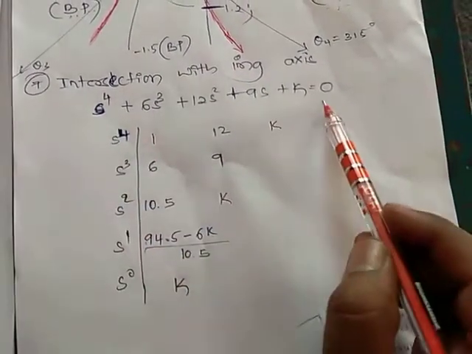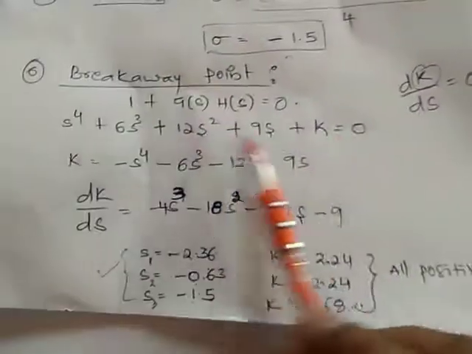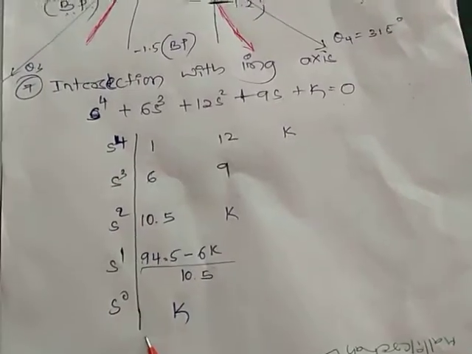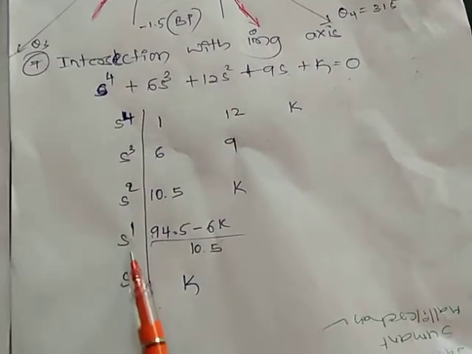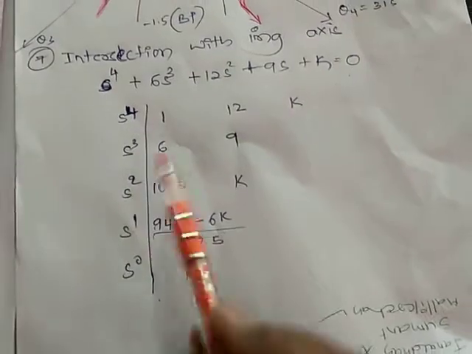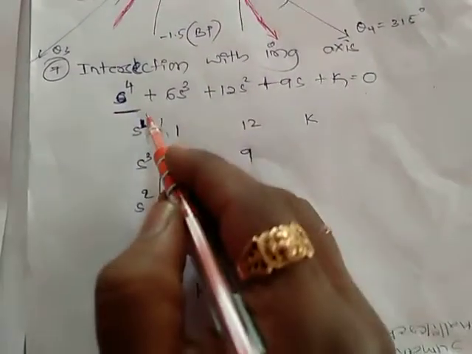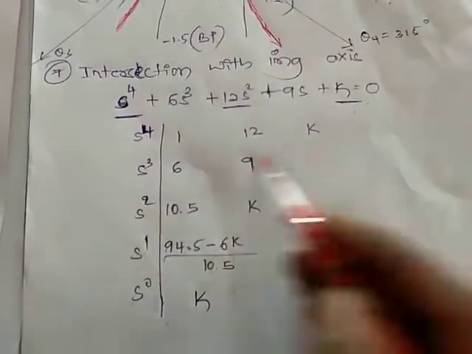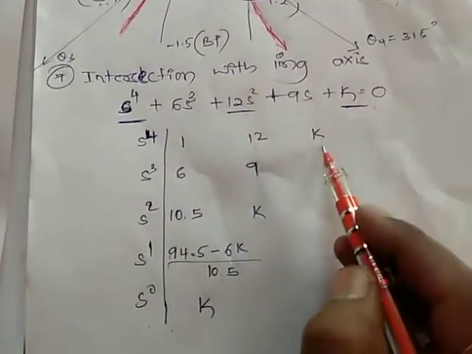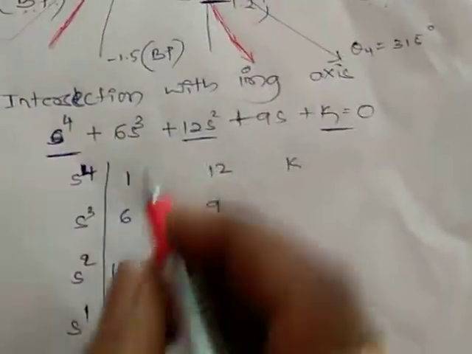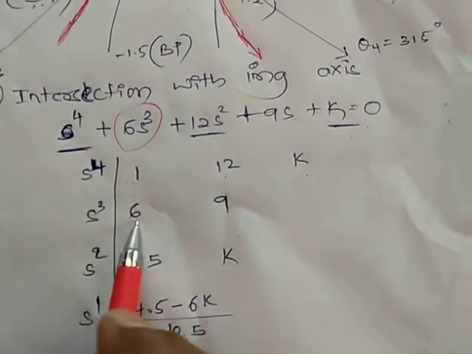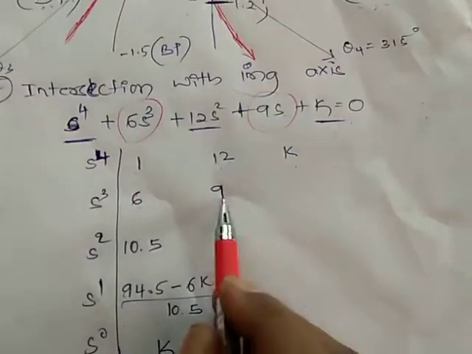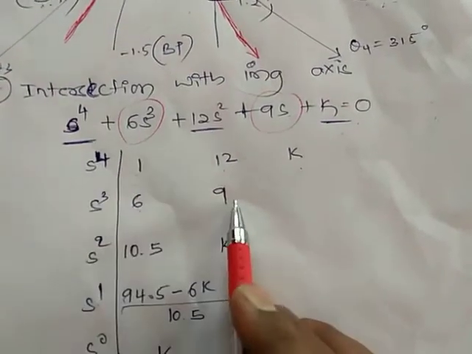After the breakaway point, next is the intersection with the imaginary axis. So 1 plus G(s)H(s), we get this equation, the same equation I took here. Then I will form the Routh array: highest order first, then write in descending order. Since this is s⁴, which is even, write all the even coefficients: s⁴, 12, K. After that, s³ is odd, so write the odd coefficients: 6, 9.